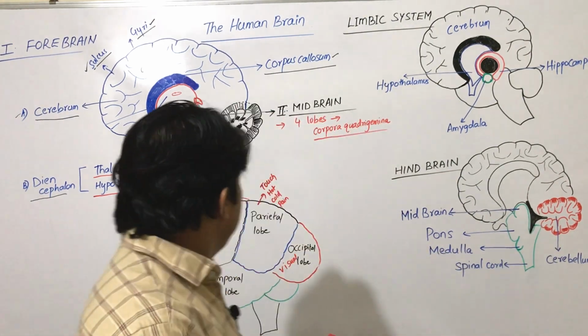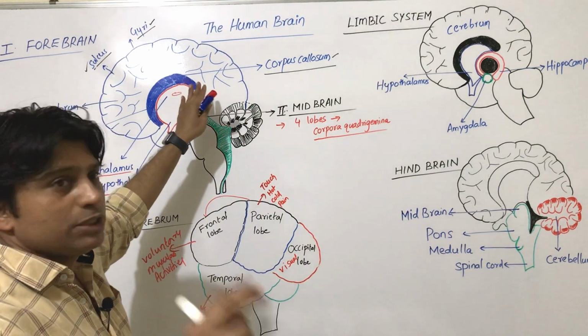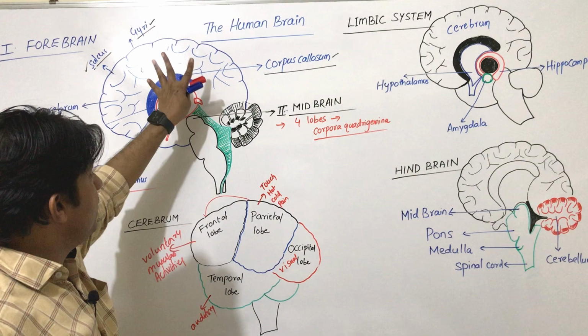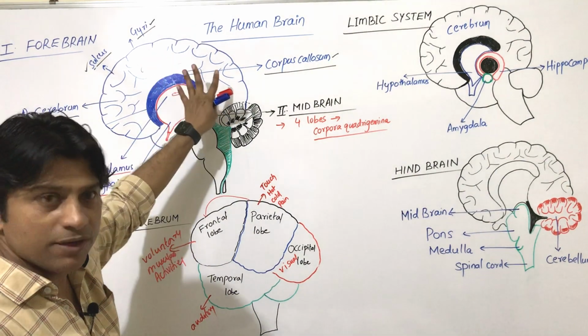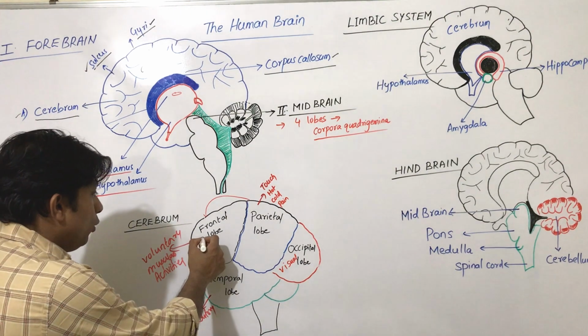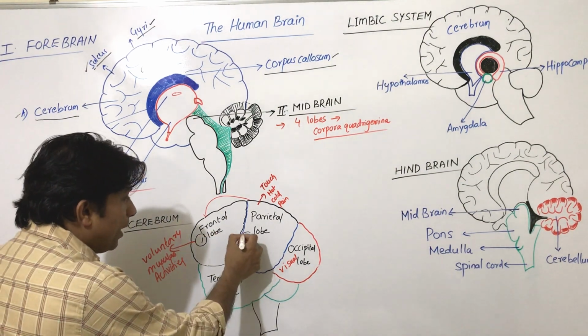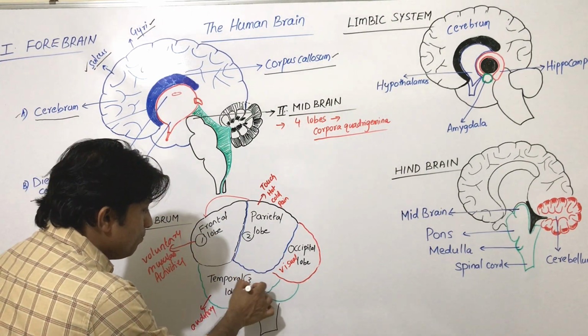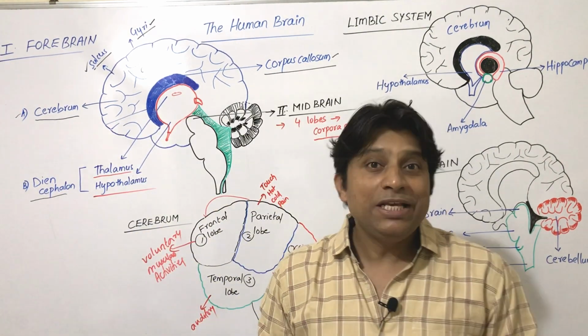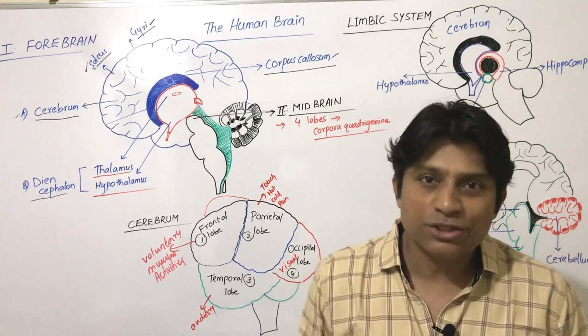Each cerebral hemisphere has four lobes. One is the frontal lobe, second is the parietal lobe, third is the temporal lobe, fourth is the occipital lobe. These lobes perform different functions.